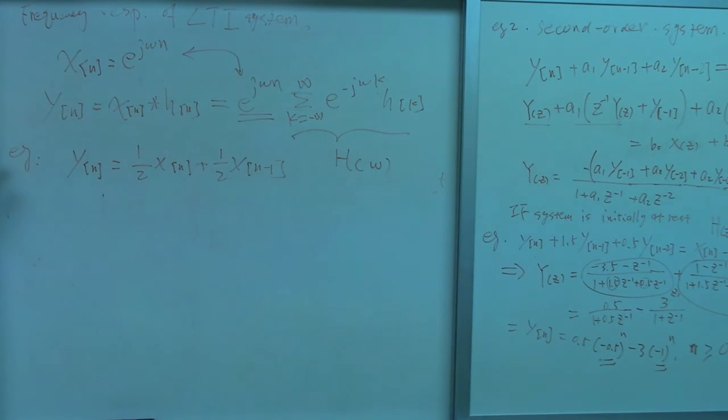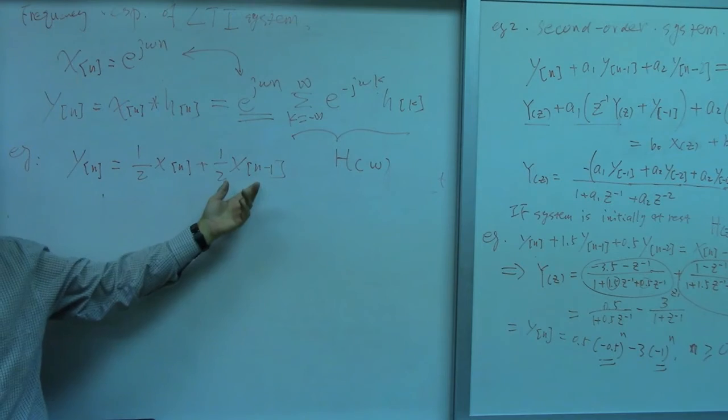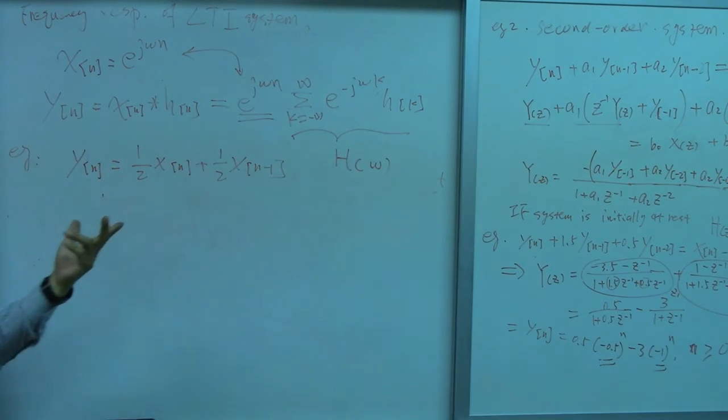You still recall when we discussed discrete systems in the second chapter, we have a name for this system. Input, delayed input, add up together, divided by 2. What do we call this? Moving average. Does it make sense? Yes or no? Okay, moving average.